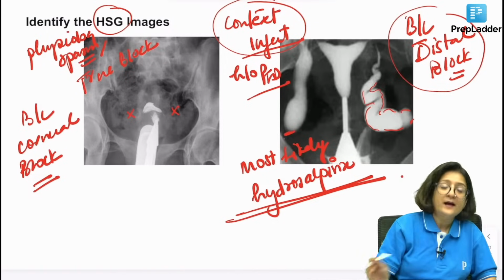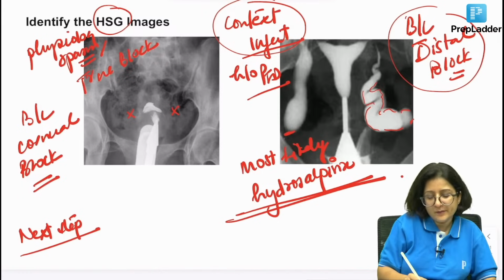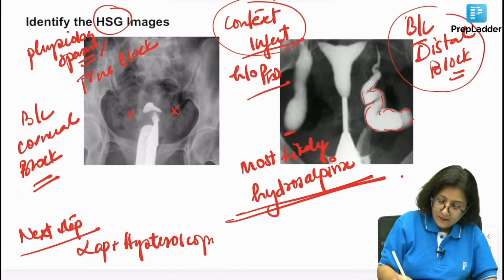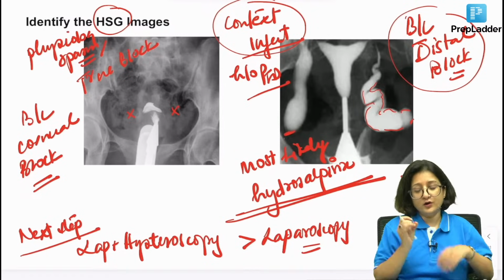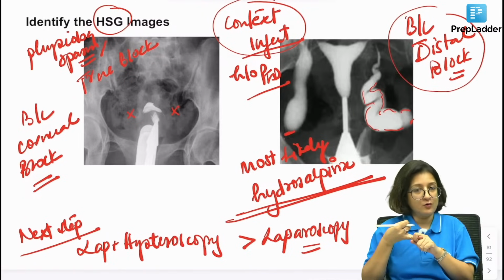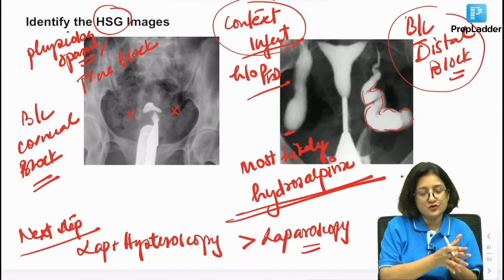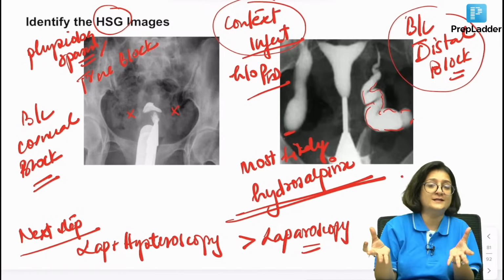And whenever you have a situation like this, the next step should be preferably a laparohysteroscopy. And if laparohysteroscopy is not given in the option, then you choose laparoscopy as the answer. I want to know the condition of the fallopian tubes. I want to confirm the tubal blockage also at the same time. And in the context of infertility, if I do a hysteroscopy, it will allow me to look at the endometrial lining also, because the patient has infertility.